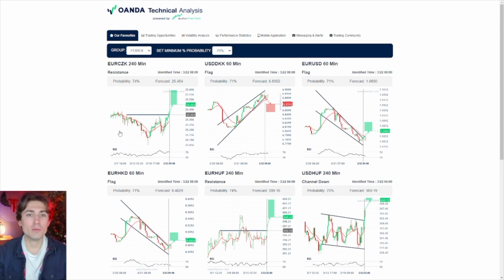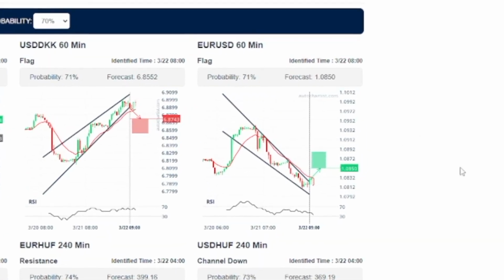AutoChartist. So what we can see here is that there are several different charts. So here's Euro USD on the 60-minute, and it's identified a flag potential pattern. And it also gives us a probability, a forecast, and so much more here. You can see there's an RSI, there's trend lines drawn in here, and potentially signaling a little bit of a breakout. You can see its forecast at 1.085.